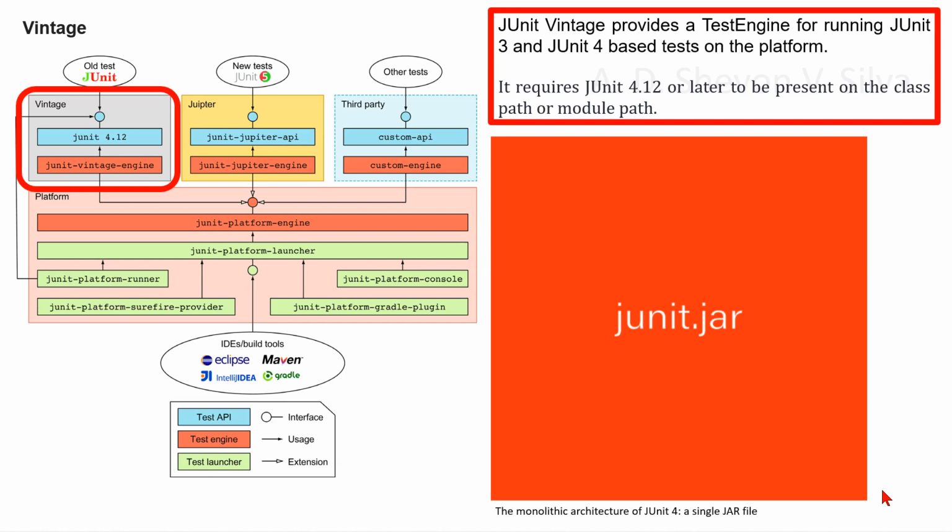All its functionality is concentrated inside a single jar file. If a programmer wants to use JUnit 4 in a project, all they need to do is add that jar file on the class path.